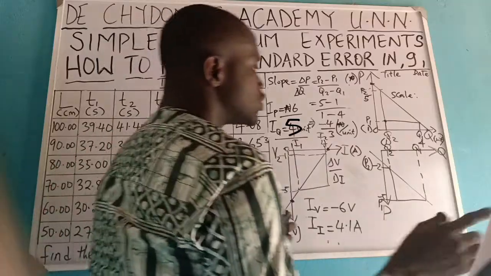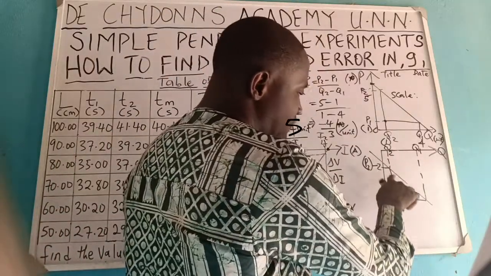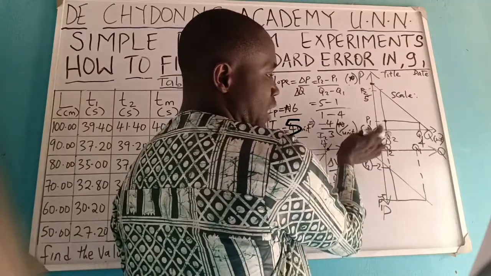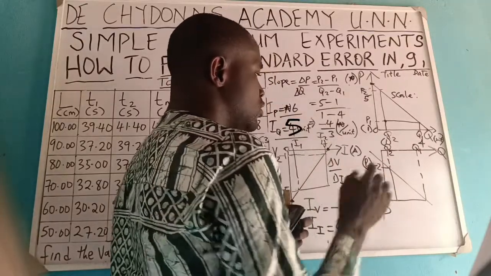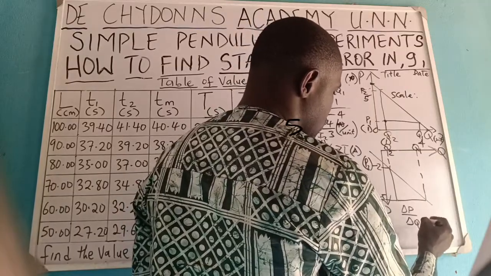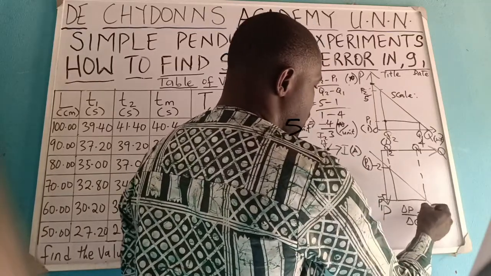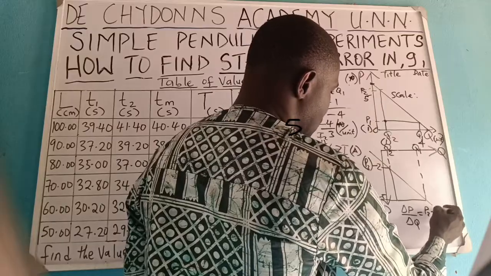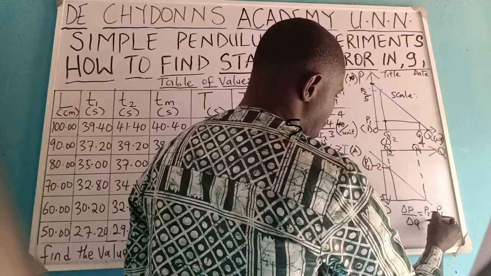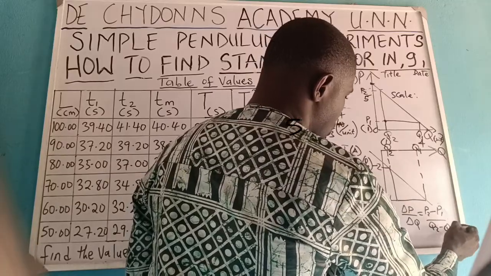Okay? So where the vertical and horizontal meet tells you the two parts when you talk about the horizontal part. So change in P over change in Q. What is your P2 minus P1? This is P2 minus P1 all over Q2 minus Q1.